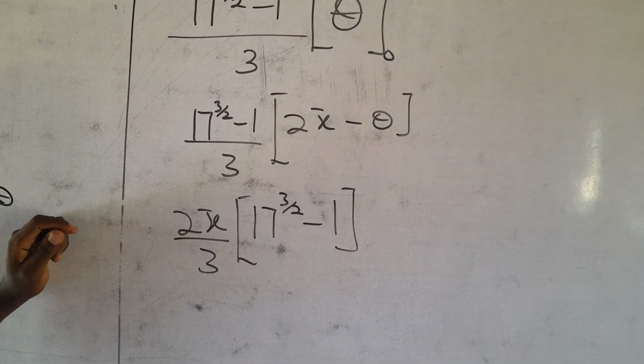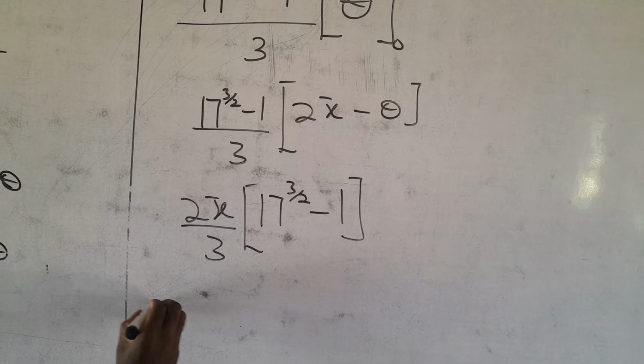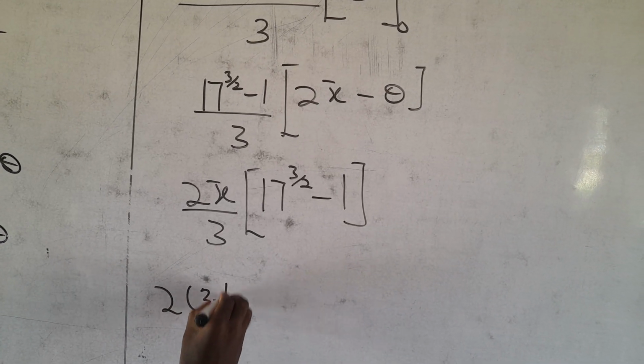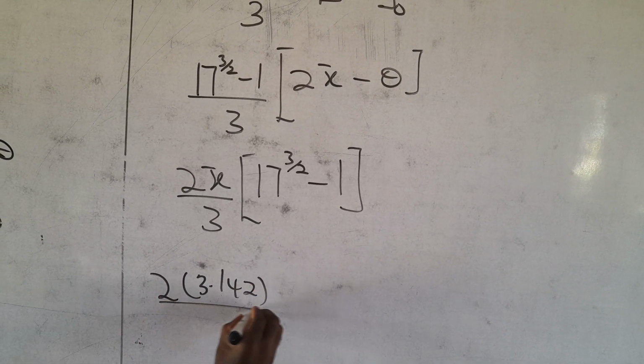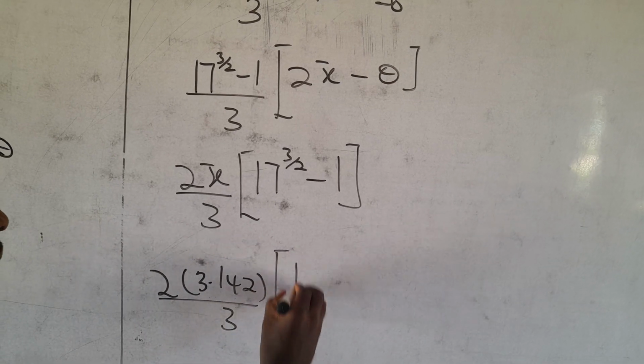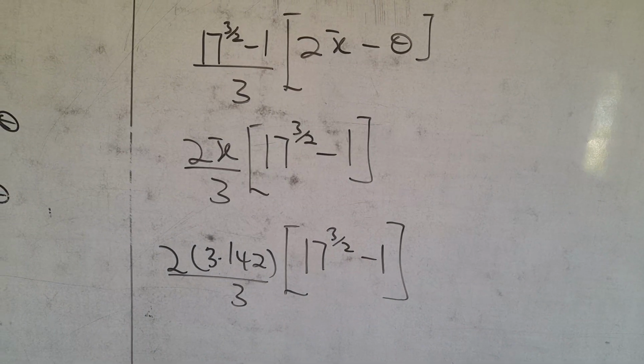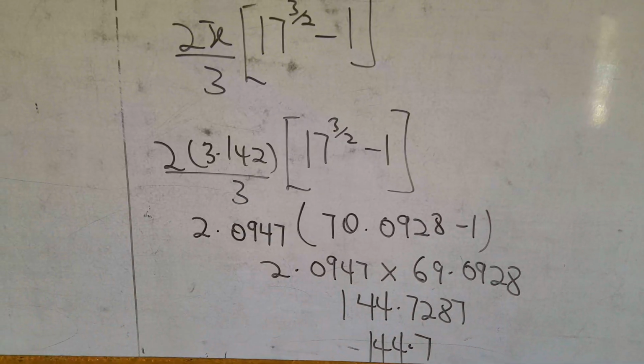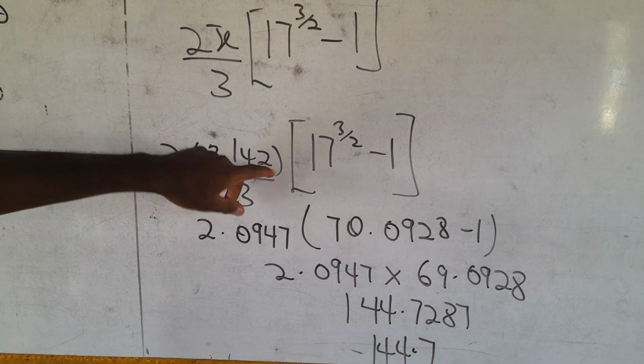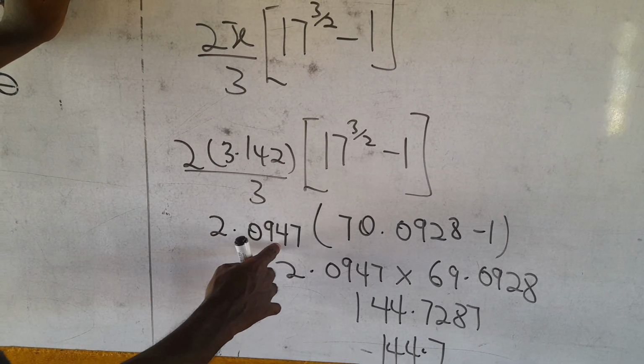Remember, pi is just 3.142. So we get 2 times 3.142 over 3, then 17 exponent 3 over 2 minus 1. So when we do 2 times 3.142 divided by 3, we get 2.0947.